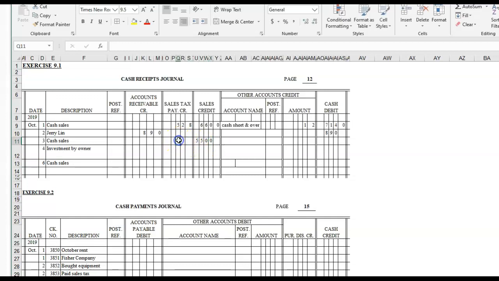And the sales tax was $440. We didn't have any cash short or over. So we have to go ahead and add those up. So our credits equal our debits, and that'll be 5,940 under the cash.